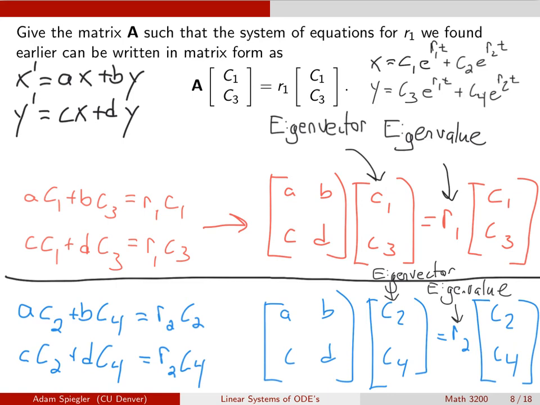I'm going to do plenty of examples that show how we can do these in the context of solving systems of differential equations. But the main takeaway here is how do we find the values r1 and r2? We need to find the eigenvalues of our matrix of coefficients. So let's continue on to talk about how we can set up the matrix of coefficients for a differential equation.